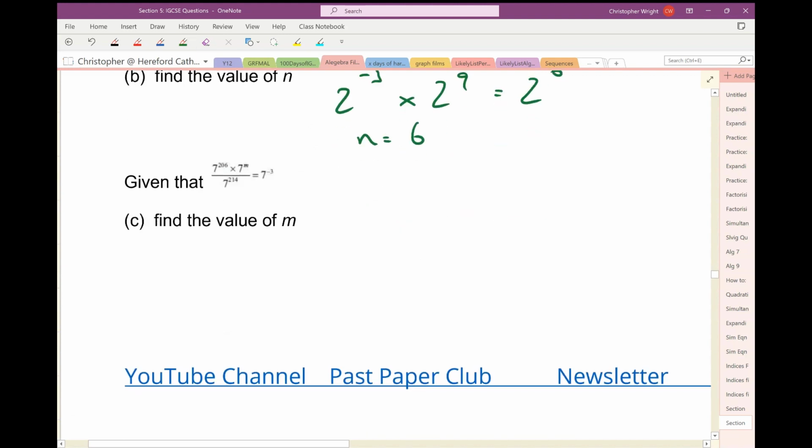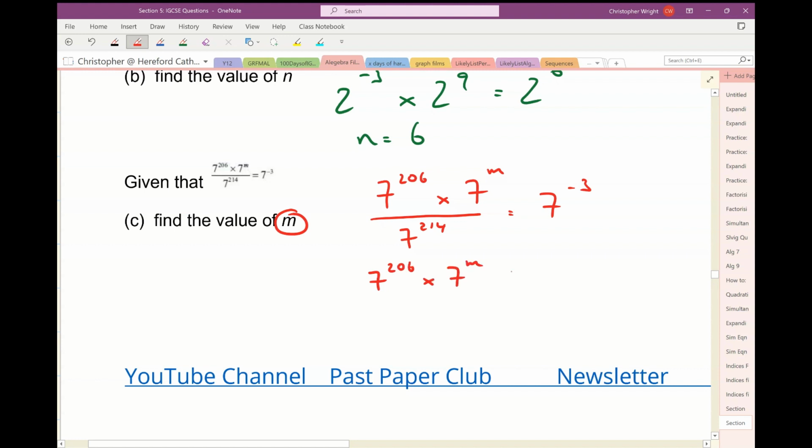Given that 7 to the power of 206 times 7 to the power of m over 7 to the power of 214 equals 7 to the power of minus 3, find the value of m. Well, let's multiply both sides by 7 to the power of 214. That's going to leave 7 to the power of 206 times 7 to the power of m.